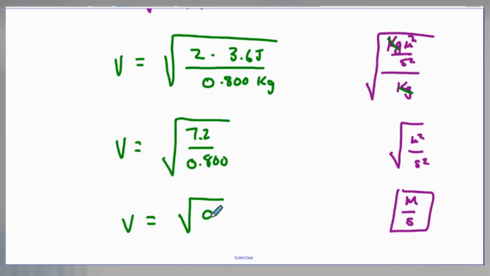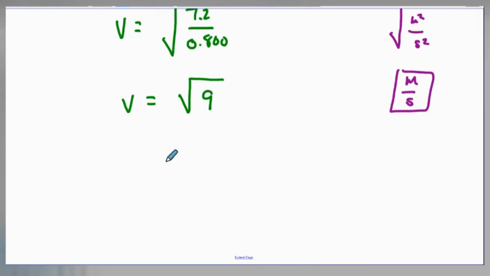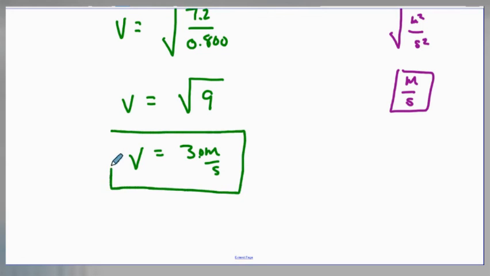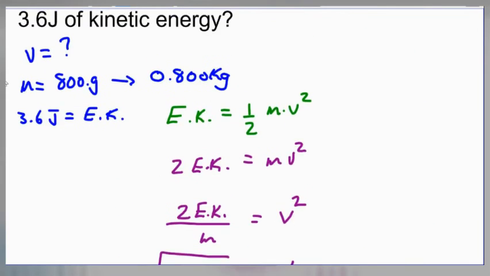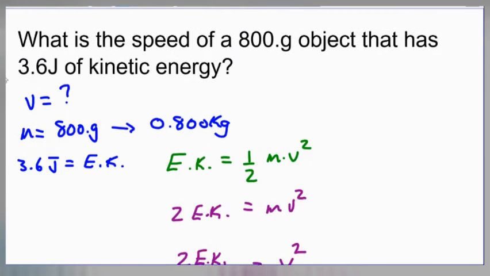That's going to be the square root of 9. I picked random numbers and I still got a nice integer. So what is the speed? It's the square root of 9. The speed is 3 meters per second. So let's go 3.0 to keep some digits there. I could have done very similar algebra and come up with an equation to solve for the mass as well.